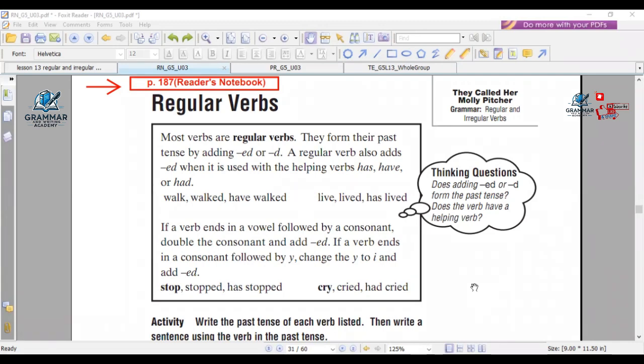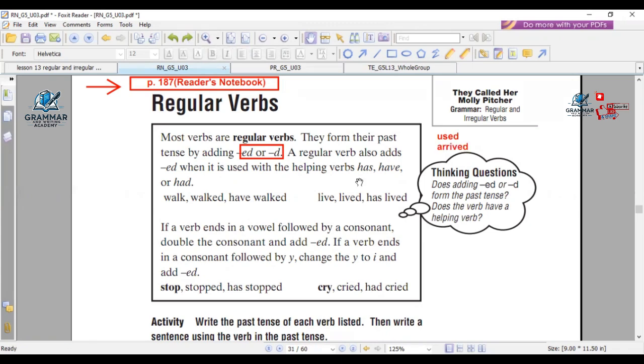So here, as I mentioned before, most verbs are regular verbs. They form their past tense by adding d or ed, according to the end of the verb. For example, if I have a verb like use, and a verb like arrive, use has e at the end of it. In this case, if I want to put it in the past tense, I have to add only d.